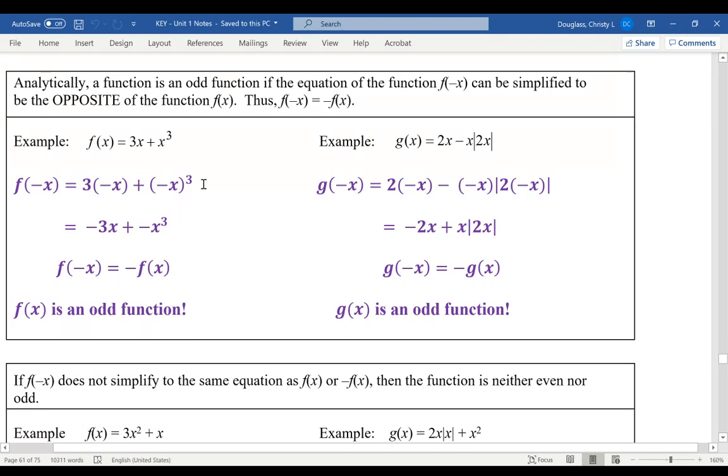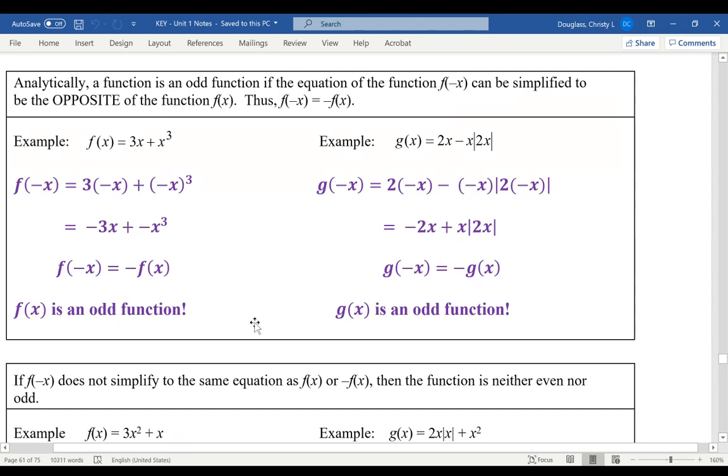And so your answer will always still have this negative sign. So negative x cubed is the negative of x cubed. Notice that this function is not the original function, but it is exactly the negative of this function. It's as if you took this function and multiplied it by -1. When you substitute negative x into your function and you get the negative of the function, we call that an odd function.